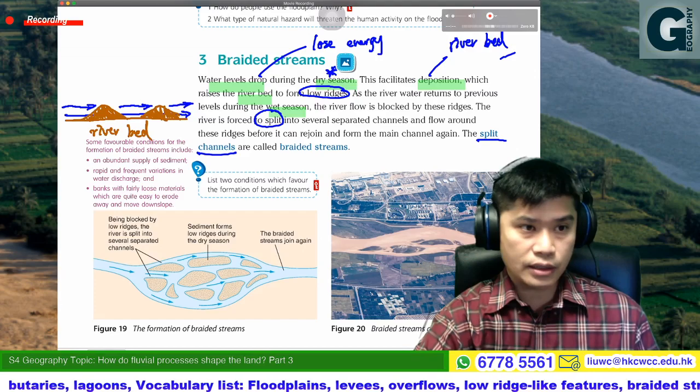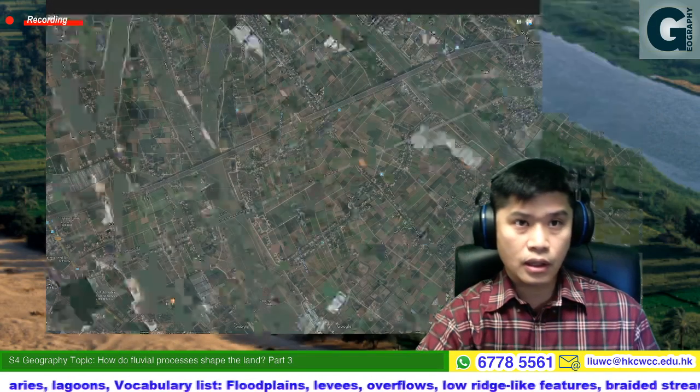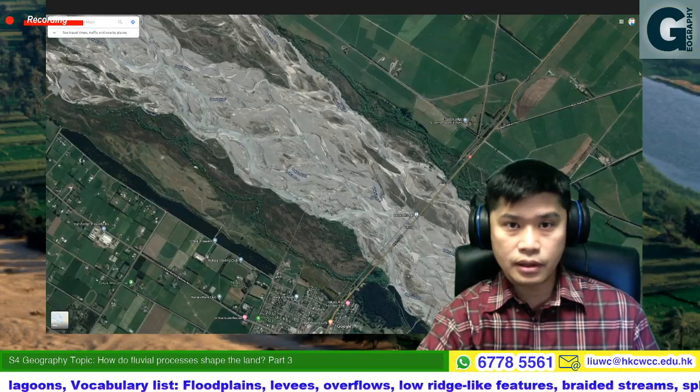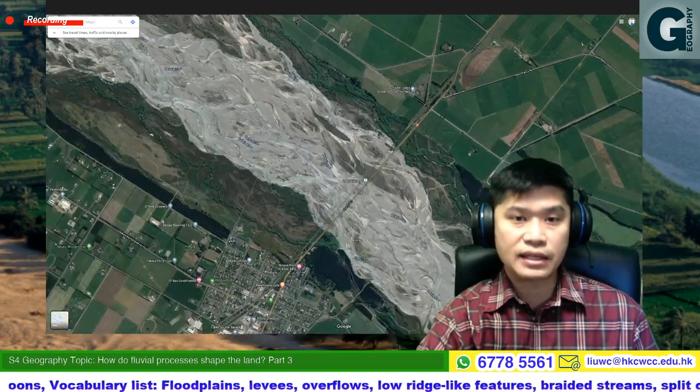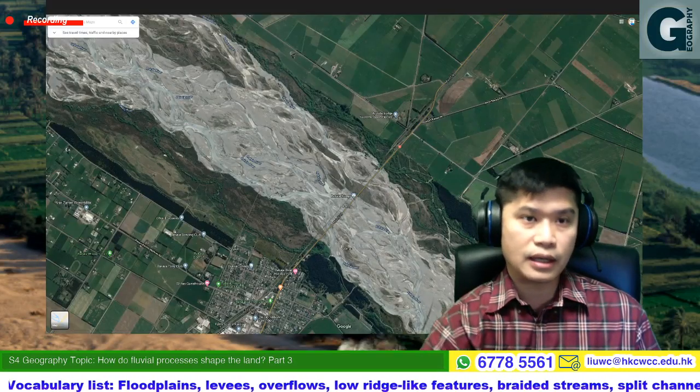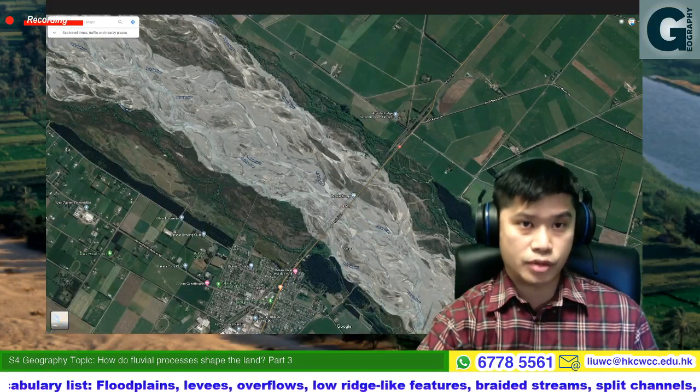And here, you may have a look. That is in New Zealand. I would say that would also be an example of a braided stream.